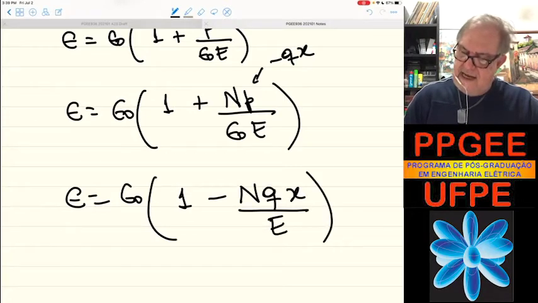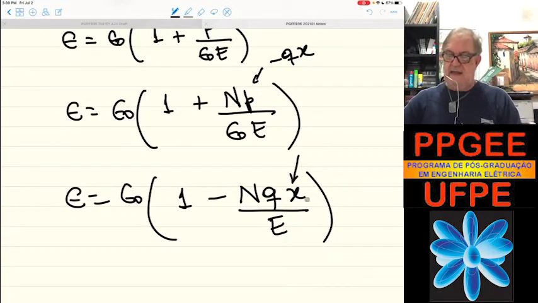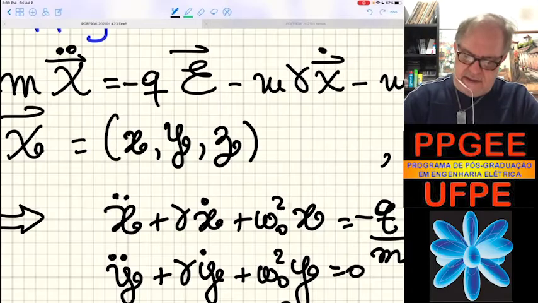But you see that x is proportional to E, so we are going to cancel out the E field in this ratio here. Okay? So let's see how it looks in our class notes.